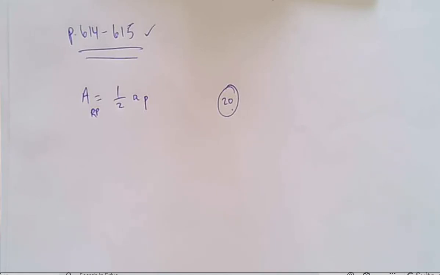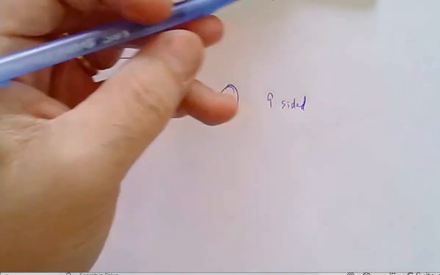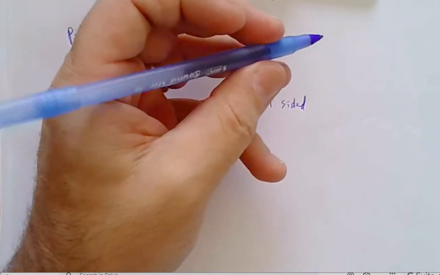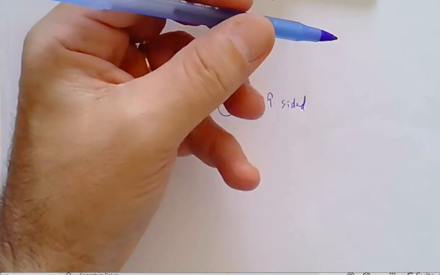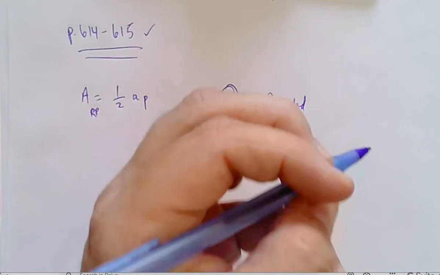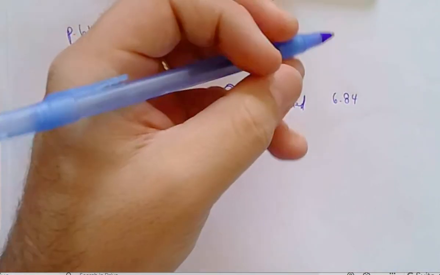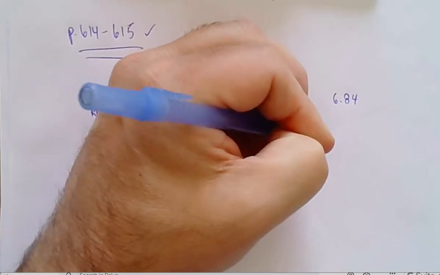Yeah, it's a 9-sided figure. So again, that's really hard to draw. Each side you don't know, but you do know that each side is 6.84. Okay, so the perimeter, of course, would be 9 times that.